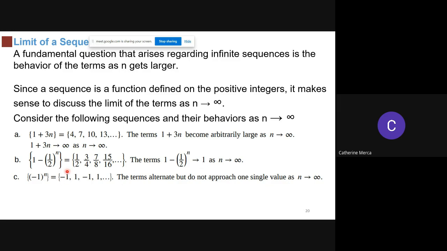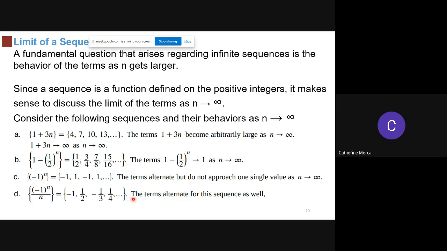It just goes back and forth: negative 1, 1, negative 1, 1, down the line. If we talk about a limit, it should be unique. At this point, it has no limit, because it keeps alternating.